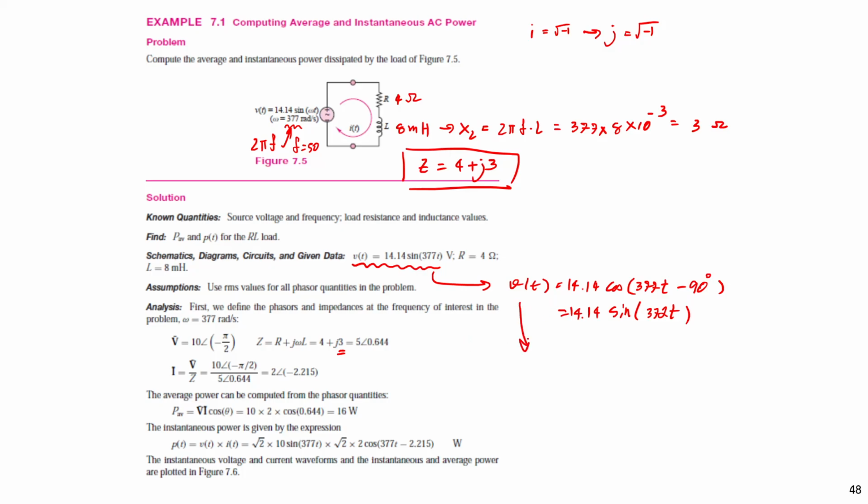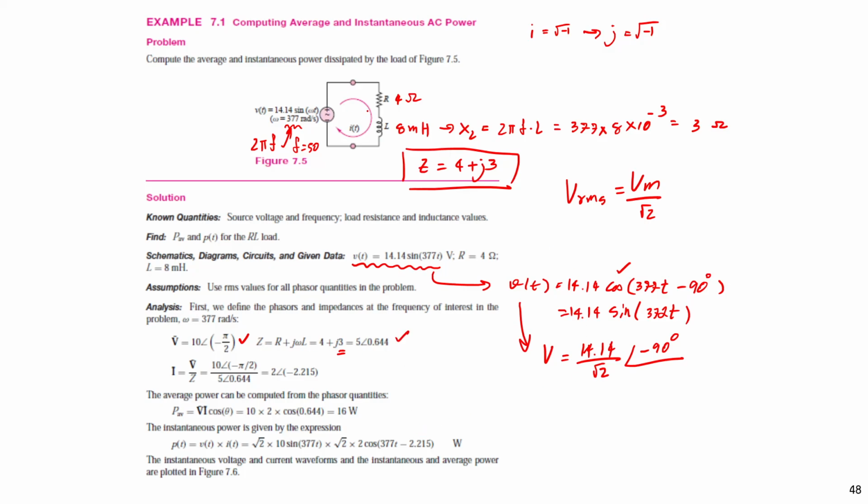So the voltage in terms of cosine, as a phasor, is 14.14 divided by the square root of 2, the Vrms. Vrms is Vmax divided by root 2. The angle is minus 90 degrees. So we get this, and we have the total impedance here.